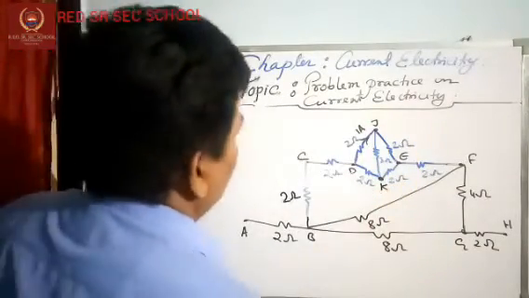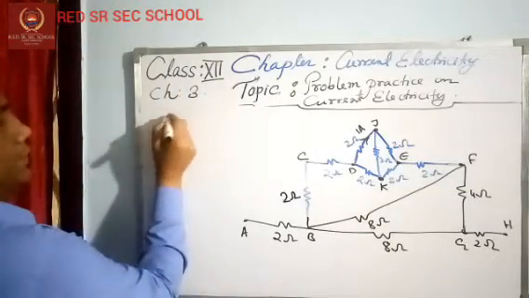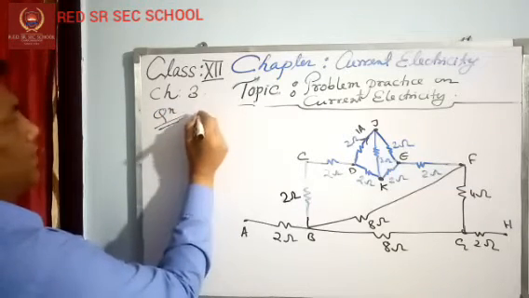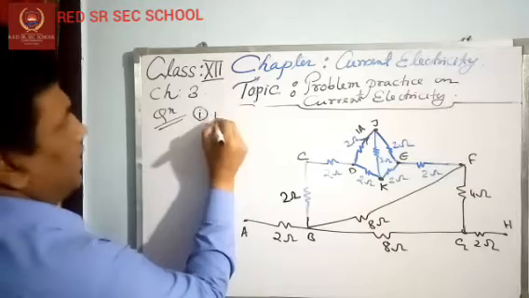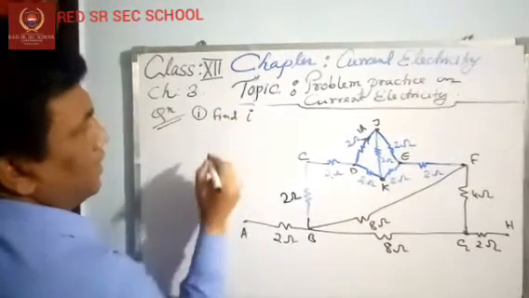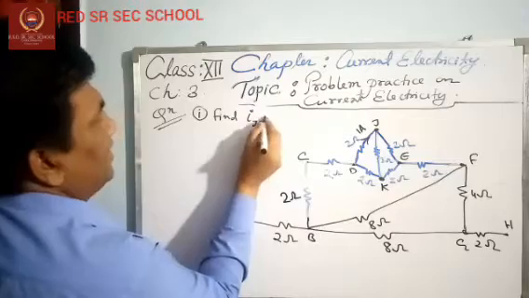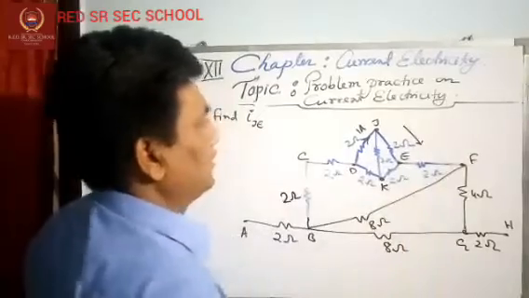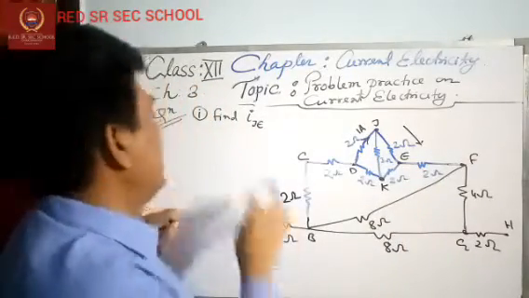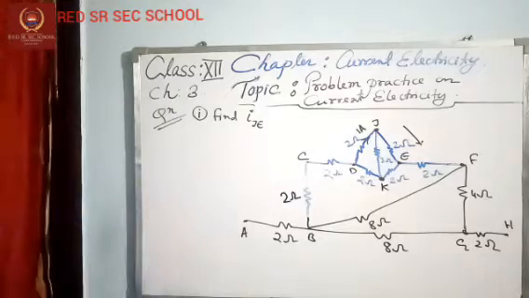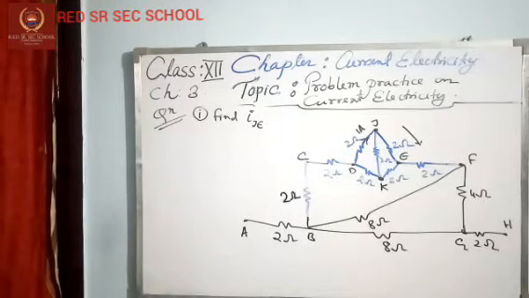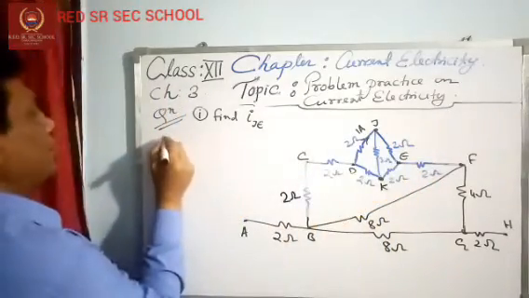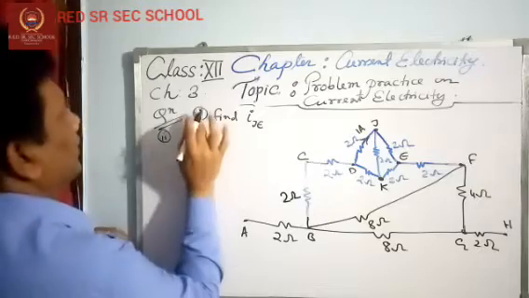My first question, part 1. This question has a lot of parts. Find the current between J and E, the current through the branch JE.